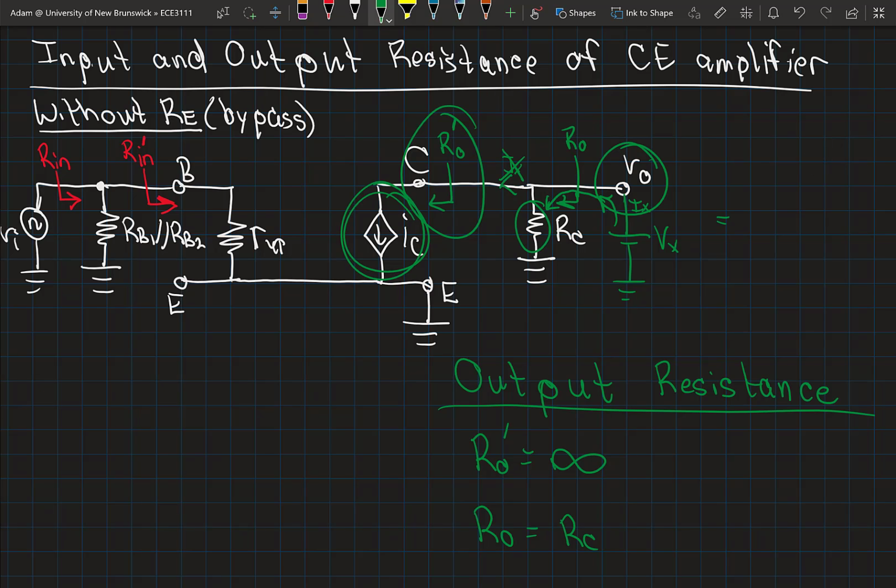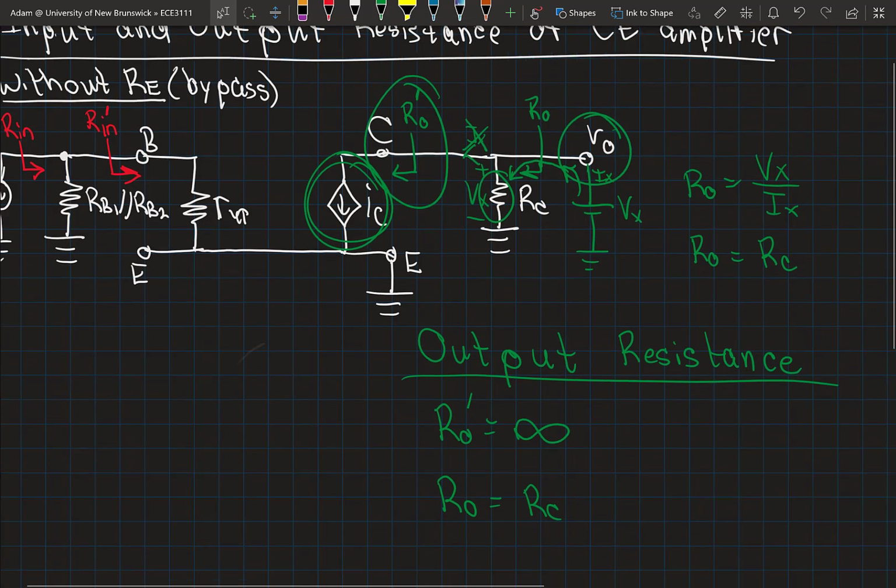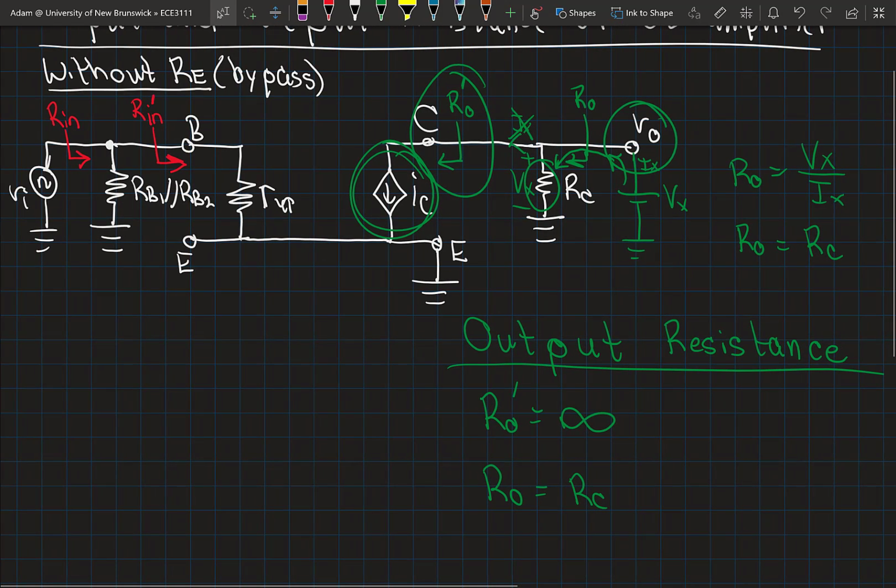So if we calculate the resistance Rx, in our case R out, it is equal to Vx over Ix, and that Vx is going to appear right across RC, so the output resistance is directly RC.